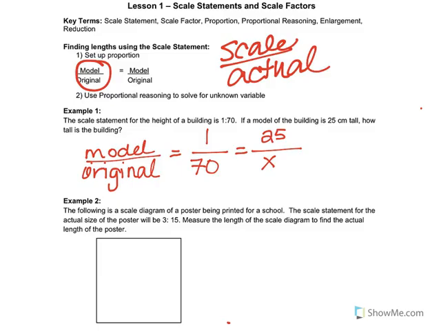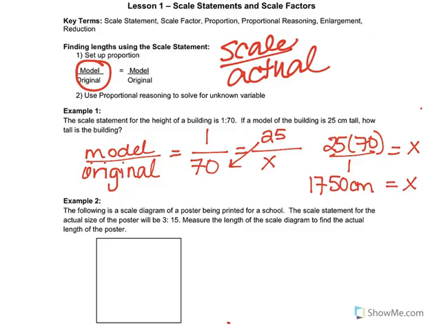Is this a problem we know how to solve? Yes, it is. What's it called? Proportional reasoning. And how do we solve for it? Cross multiply and divide. So we're going to go 25 times 70 divided by 1. We'll get our x value, and we get 1,750 centimeters is the size of the building.